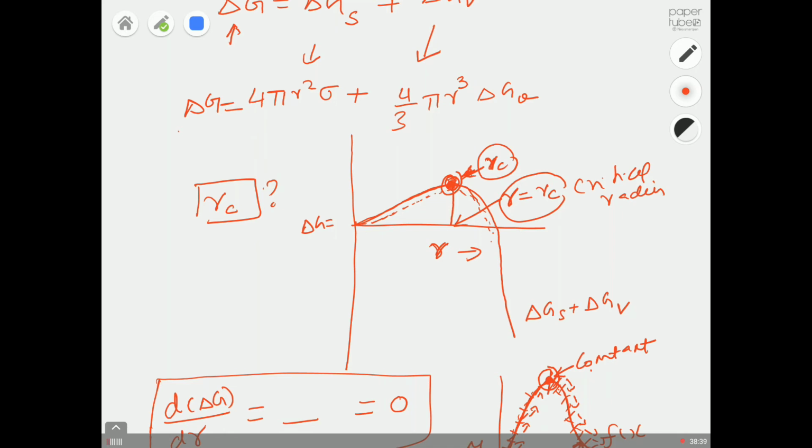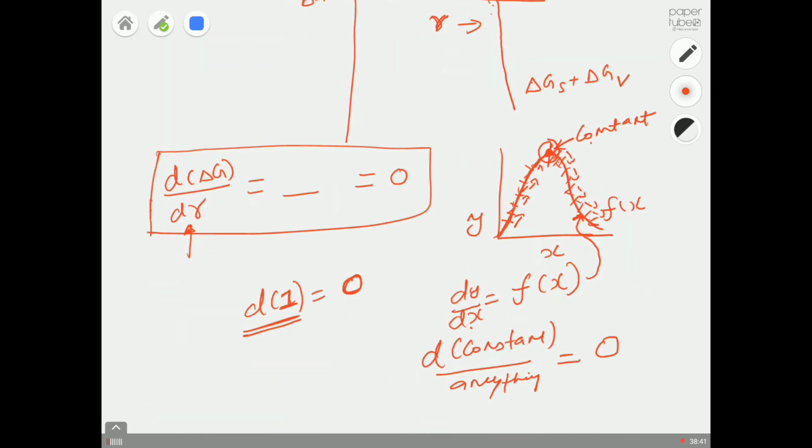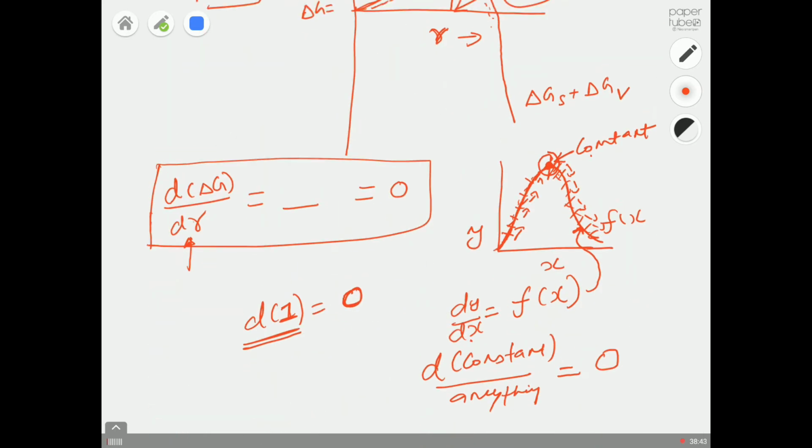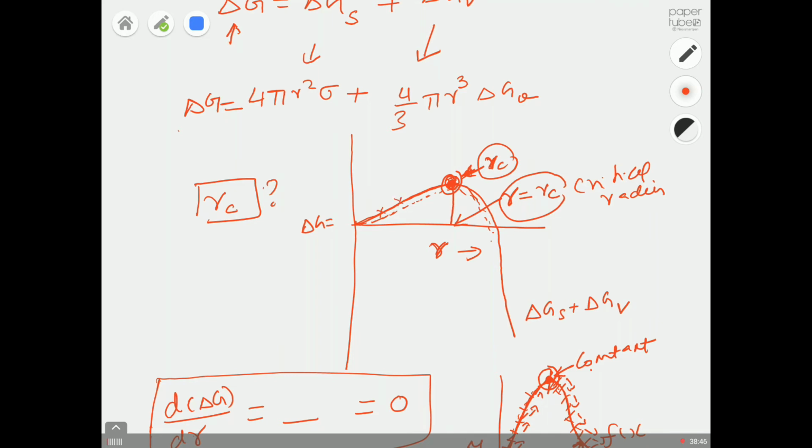So what do we mean? We know delta G by delta R will be equal to some number at every point on this line, except at one point, and at this point it's going to be 0, because at this point the change in free energy with respect to R is equal to 0.